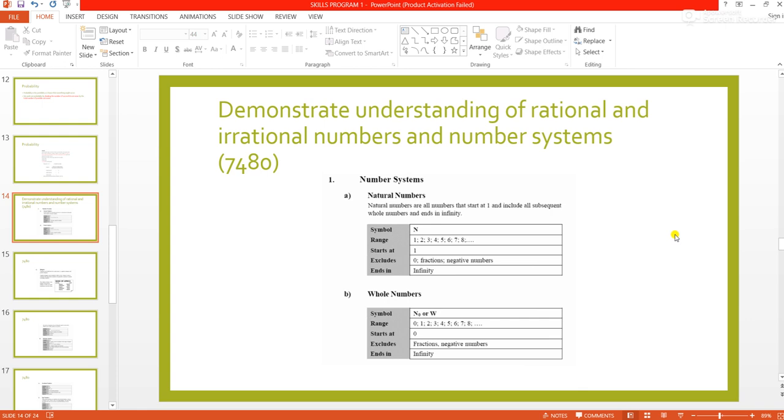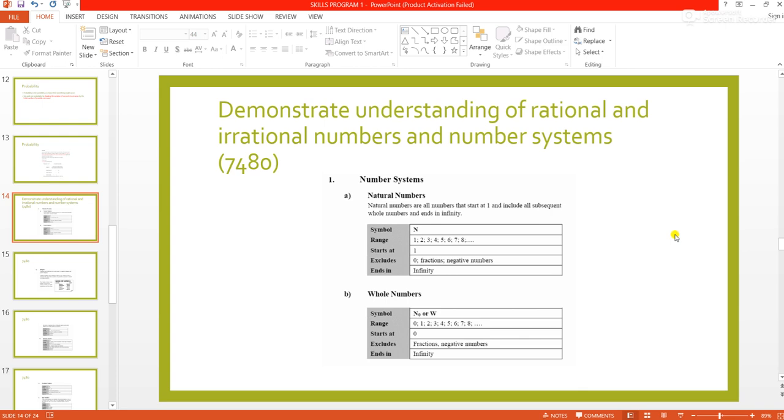So these are just the systems or the functionalities of natural numbers, whole numbers, and so forth. So look into number 1a, which are natural numbers. Natural numbers are all numbers that start at 1 and include all subsequent whole numbers and end in infinity.